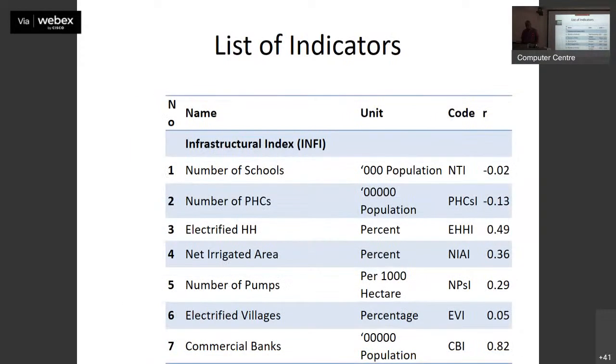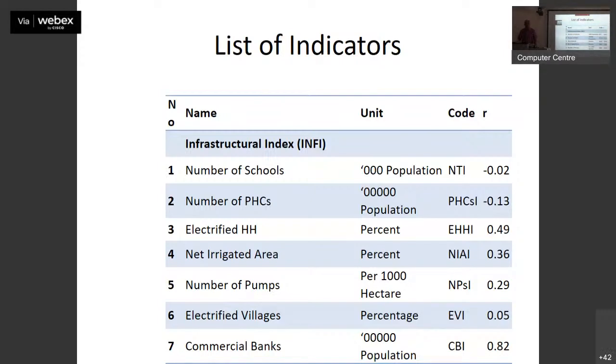Now when we come to infrastructure: availability of school education infrastructure. How many children are enrolled is individual, but availability of school is infrastructure, availability of public health is infrastructure, electrified households means access.